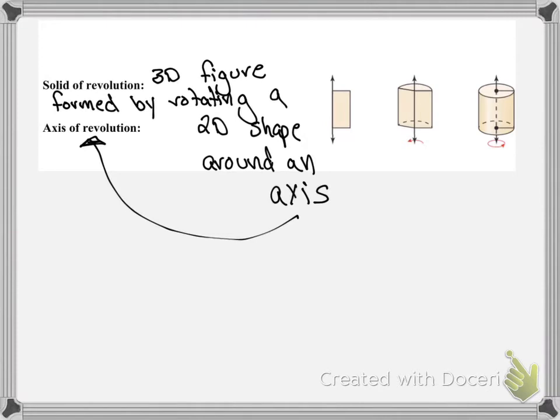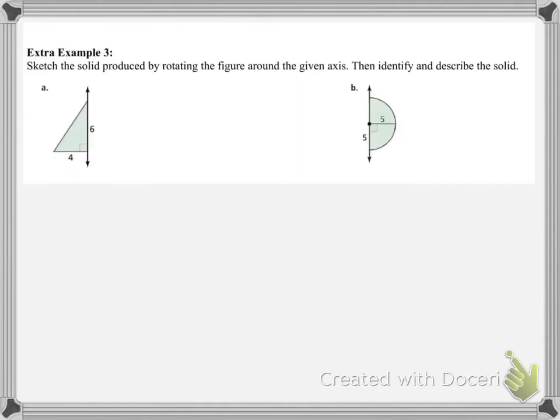These, again, take a little bit of visualization, trying to figure out what the shape looks like. So here: sketch the solid produced by rotating the figure around the given axis, then identify and describe the solid. We're taking this red triangle and spinning it all the way around.